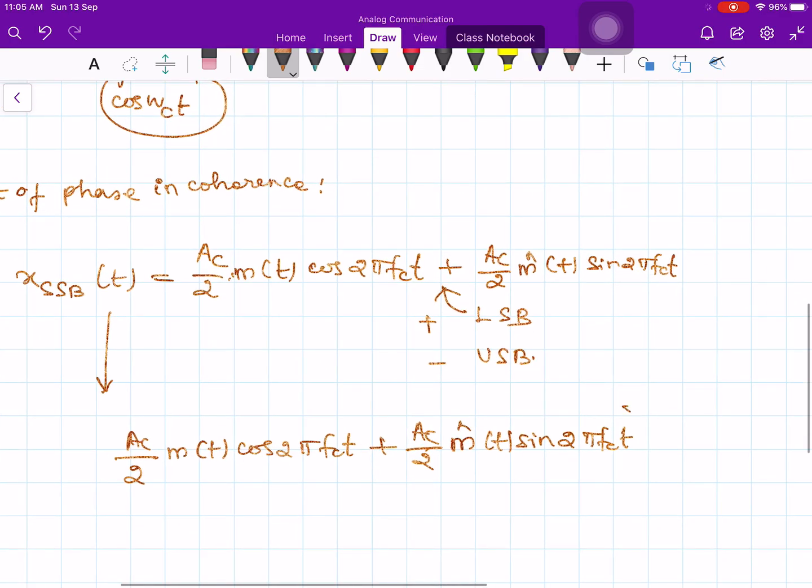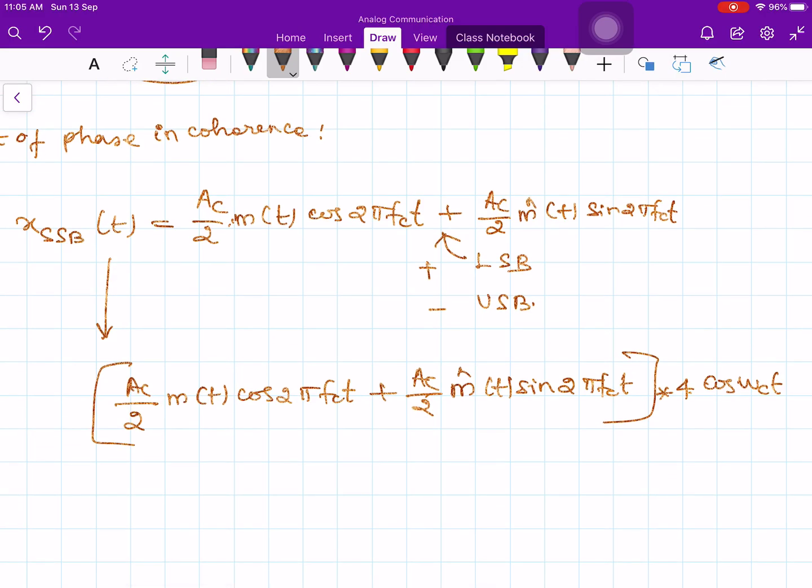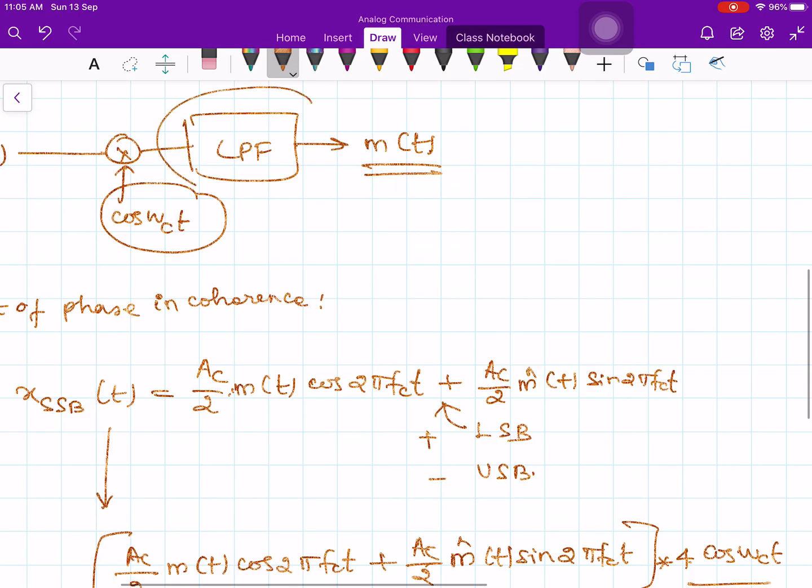The whole thing is multiplied by cos omega ct. I put a multiplier 4 here. So you take this SSB signal and multiply it with cos omega ct. That is what the coherent demodulator does, and pass it to a low pass filter.